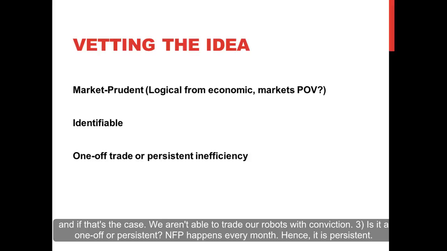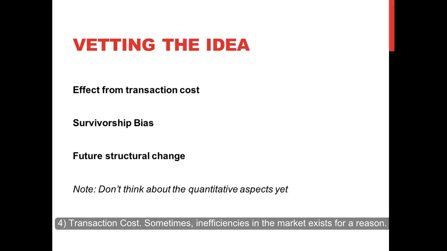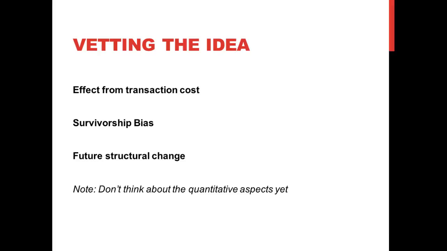The third thing is, is it a one-off or persistent inefficiency? Well, NFP happens every month, so it's persistent. The fourth thing, transaction cost. Sometimes in the market, there are inefficiencies that exist, and they do exist for a reason.